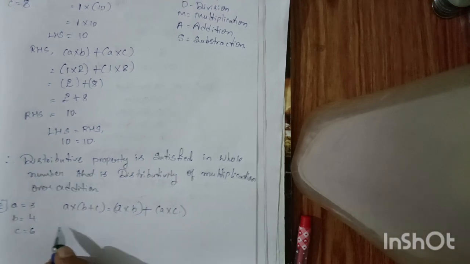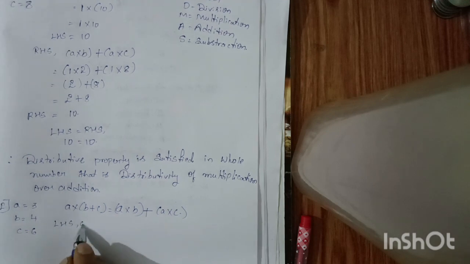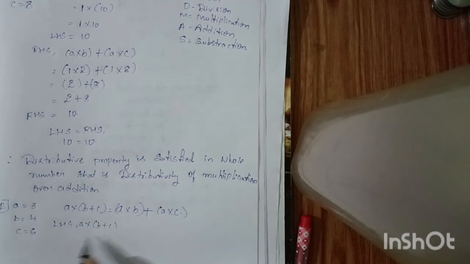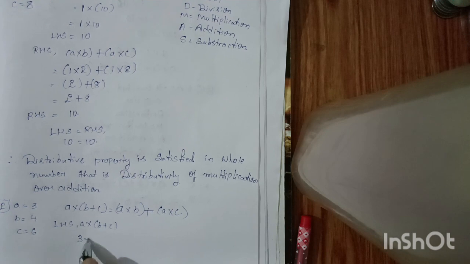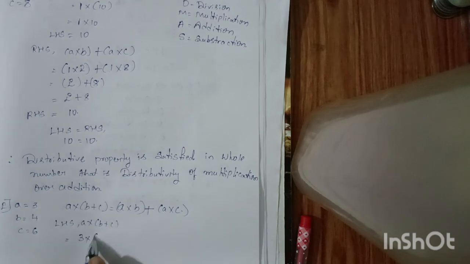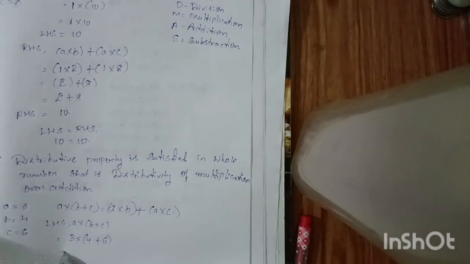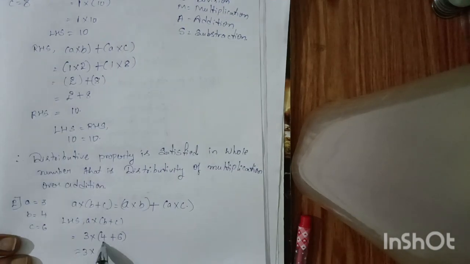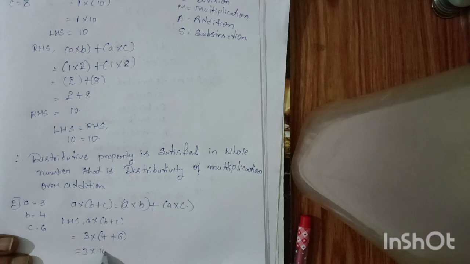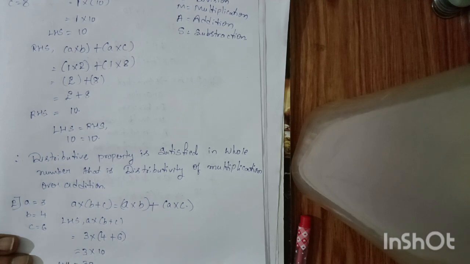Here LHS says a into (b plus c). So substitute the values: a is 3 into (b value is 4 plus c value is 6). So next, 3 into (4 plus 6 is 10). So 3 tens are 30. So for LHS we have 30.